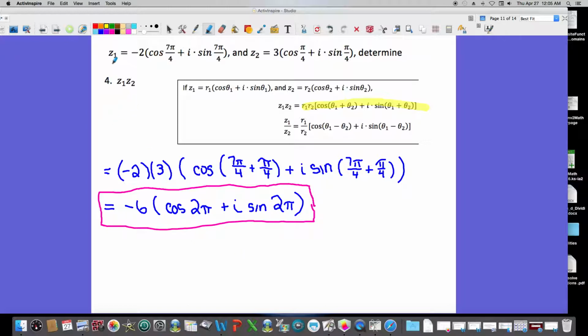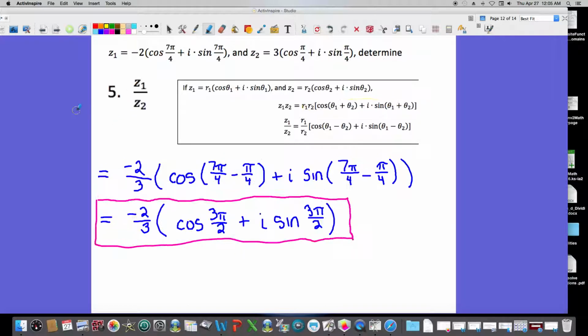Let's take a look at problem number 5. They ask us to divide these two complex numbers. They give it to us in polar form, so we're going to give them our answer in polar form. It doesn't say that we have to change it to standard form, so we just leave our answers in polar form. So z1 divided by z2, we use the formula down here.